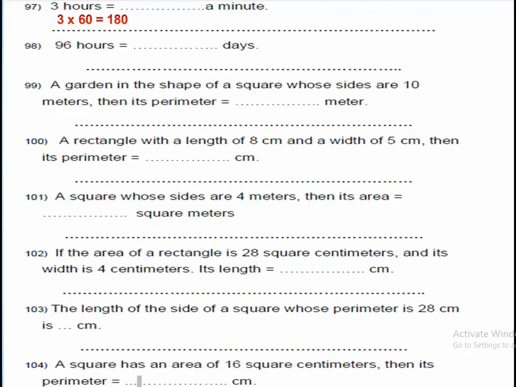96 hours equals how many days? To convert from hour to day, we are going to divide by 24, and we didn't take division, so we will subtract 24 many times till we reach a number less than 24.